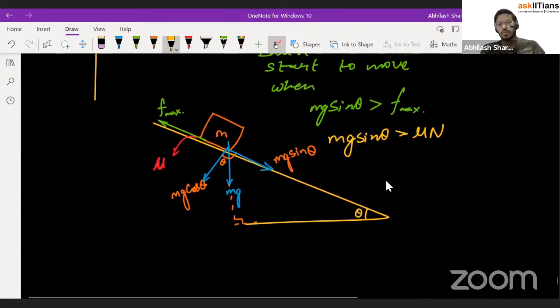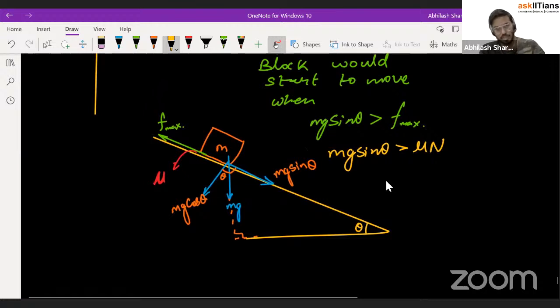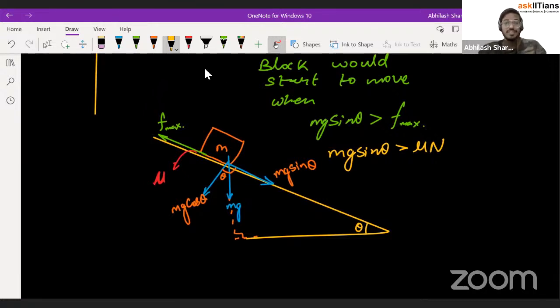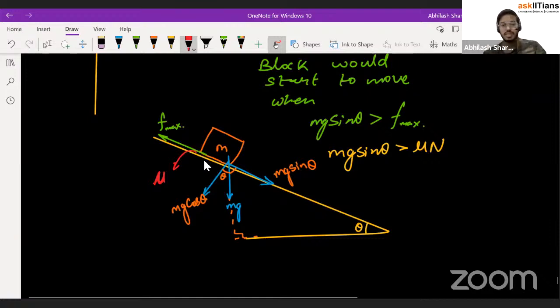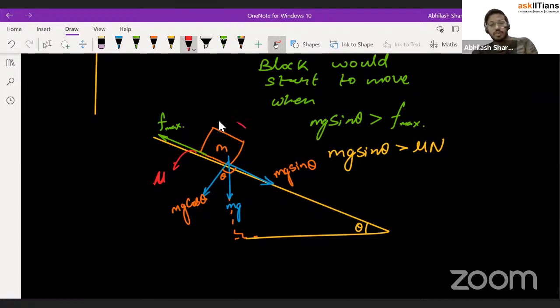Now let's see what the normal reaction is. Remember, what is normal reaction? Force applied by ground on the block. Now think about it. With what force is the block pushing the ground? Now the ground is not horizontal anymore. The ground is this inclined one.